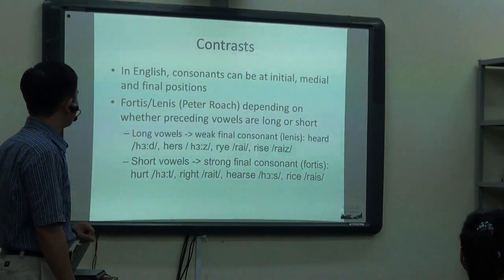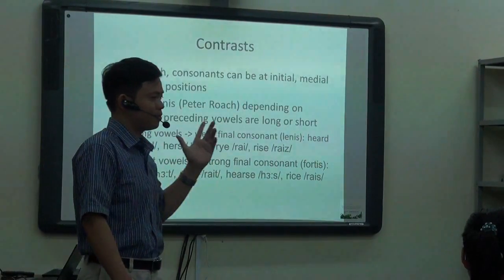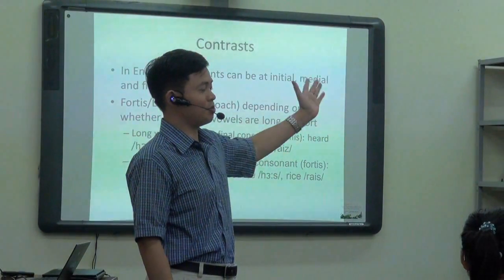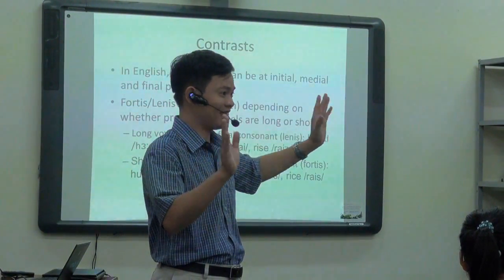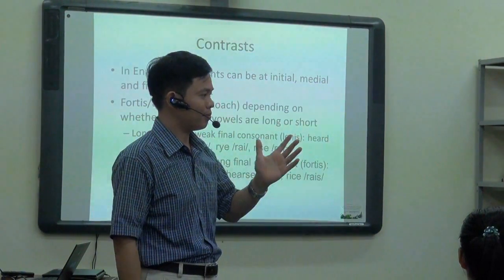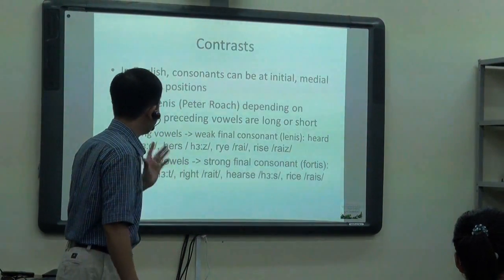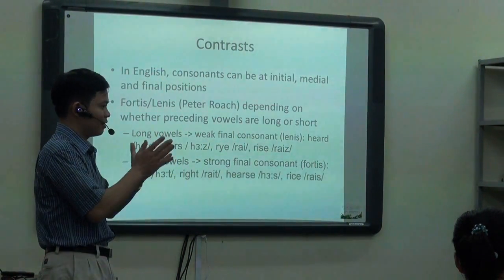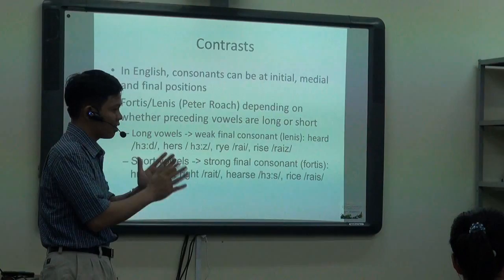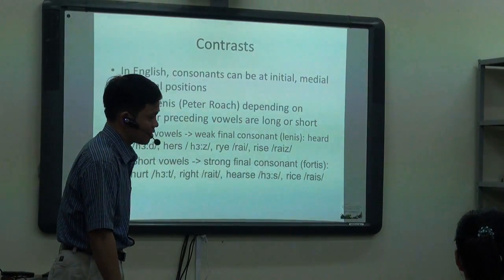Now, in Vietnamese we have a consonant either at the beginning or at the end, right? In English we have consonants that may appear at the medial position, at the center of the syllable.